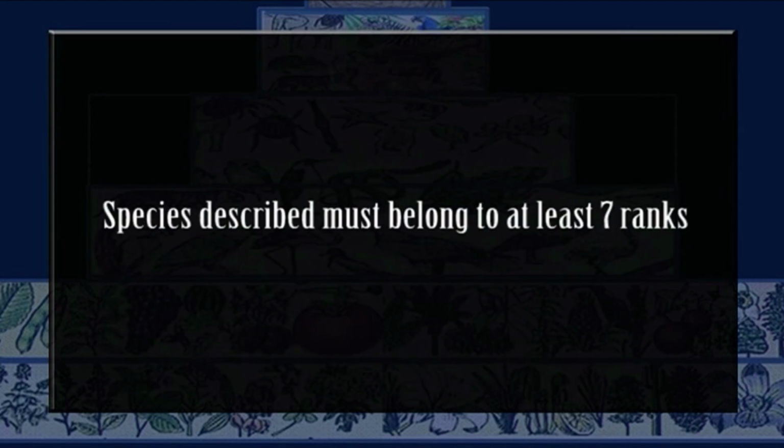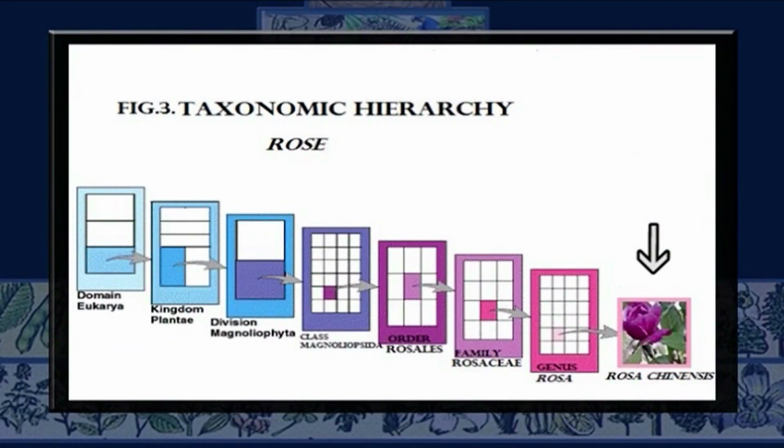All species described must belong to at least 7 ranks, one at each of the mandatory levels. For example, as already discussed earlier, Rosa chinensis is a species belonging to genus Rosa, family Rosaceae, order Rosales, class Magnoliopsida, division Magnoliophyta and kingdom Plantae. In addition to principal ranks, the ICBN also provides for secondary and other ranks for taxa in a taxonomic hierarchy.